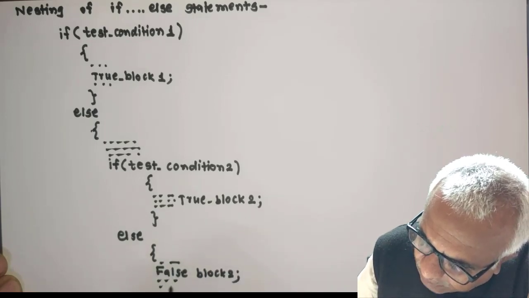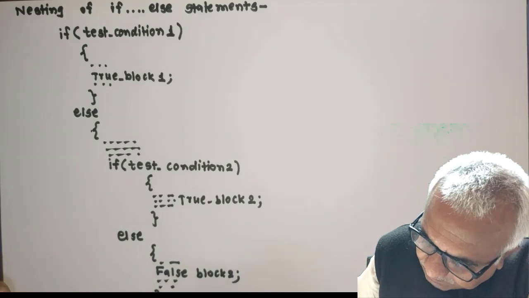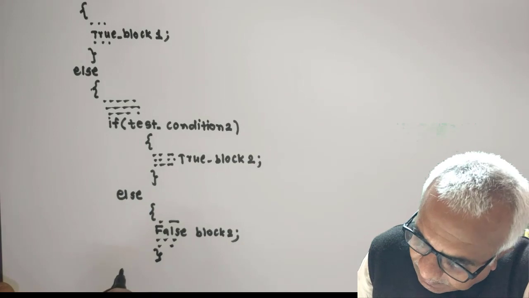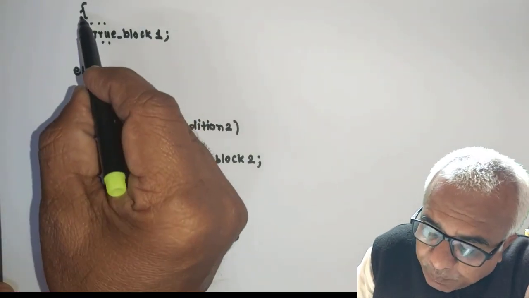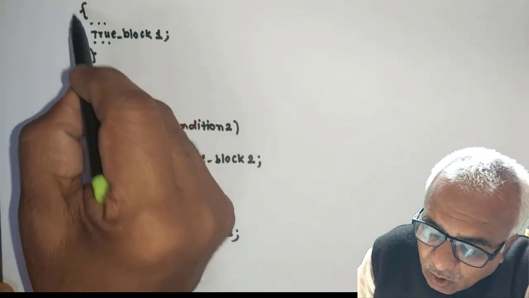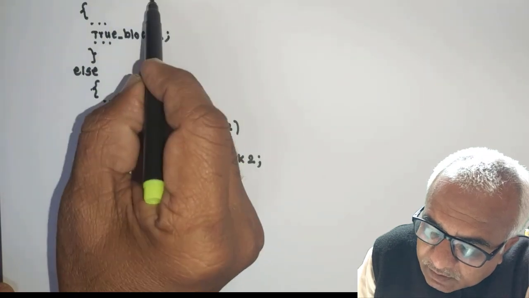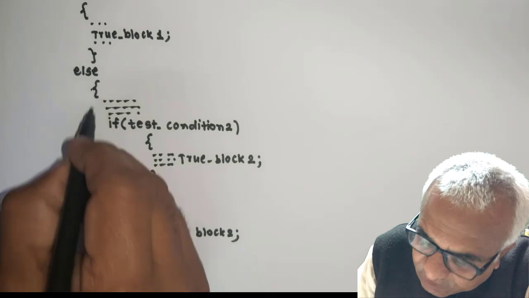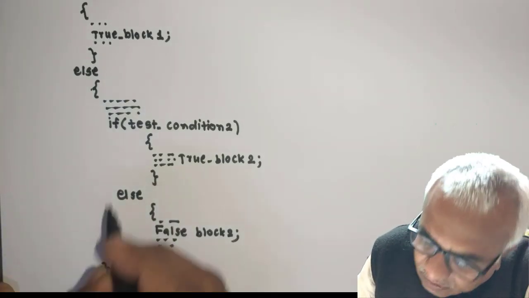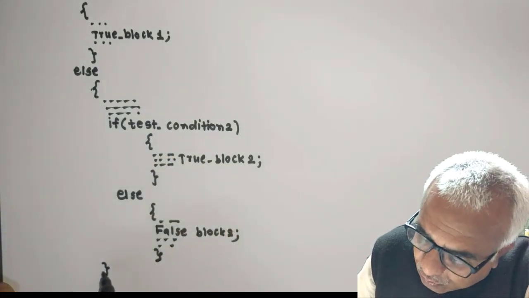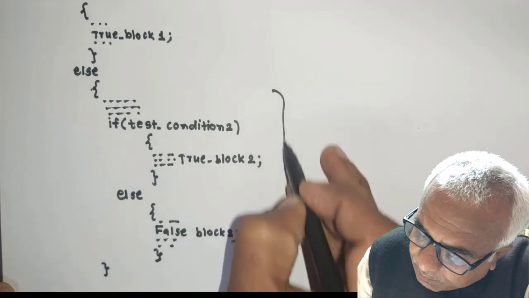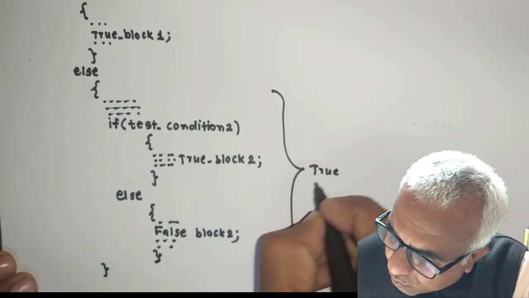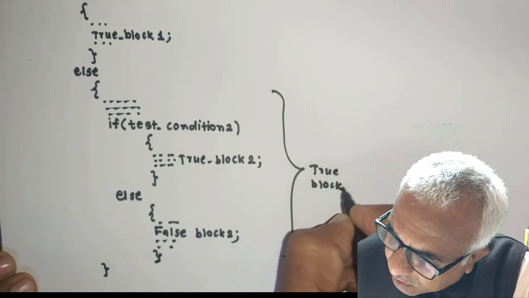Some set of statements are there, and then there will be the statement X. This is the opening brace and closing brace of true block 1, this is the opening brace, and this will be the closing brace of true block 2. So this much is true block 1.